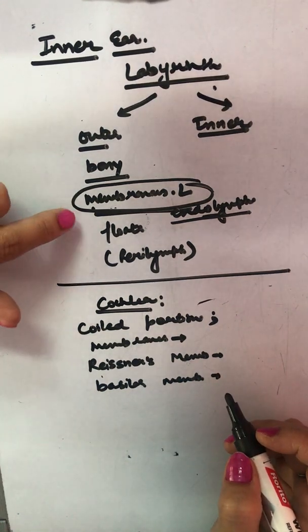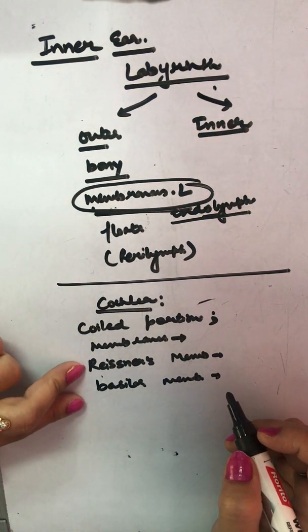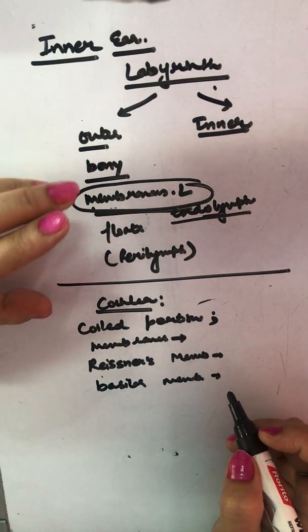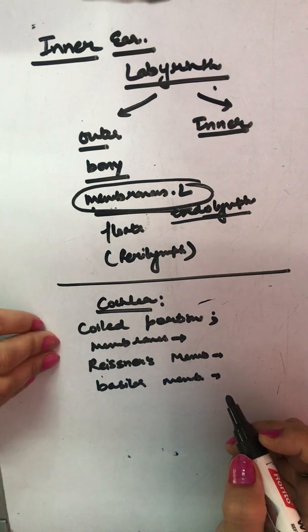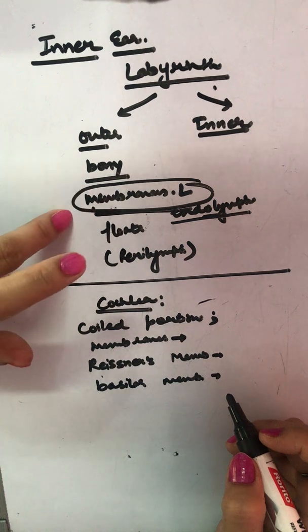Means this bony labyrinth got divided because of Reissner's and basilar membranes into sections: upper section, scala vestibuli; lower section, scala tympani; and the middle section, scala media, which contains endolymph, right?